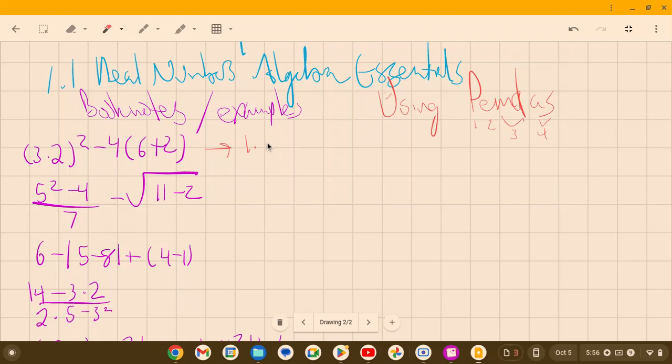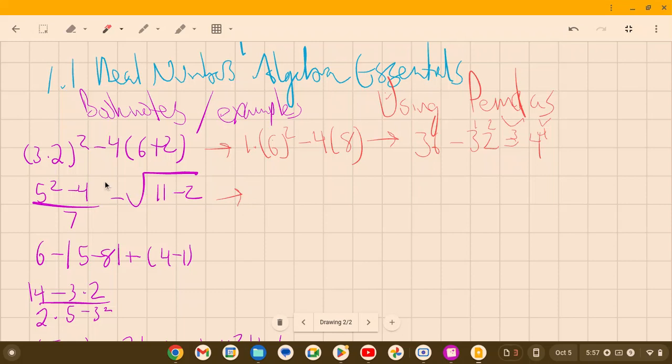And so you get 3 times 2, so that's going to be 6 squared minus 4 times 8. So exponents next. So that's going to be 36 minus 32 equals 4. All right, next one.